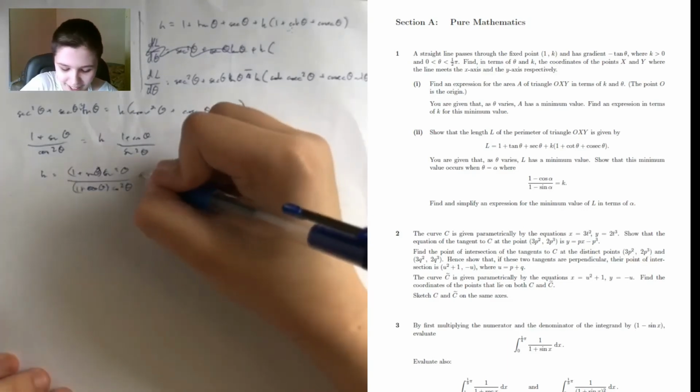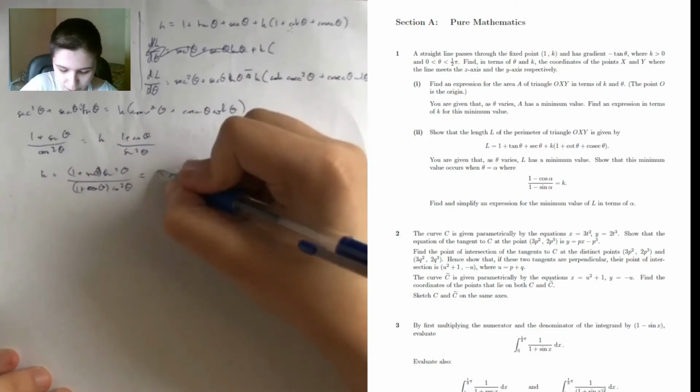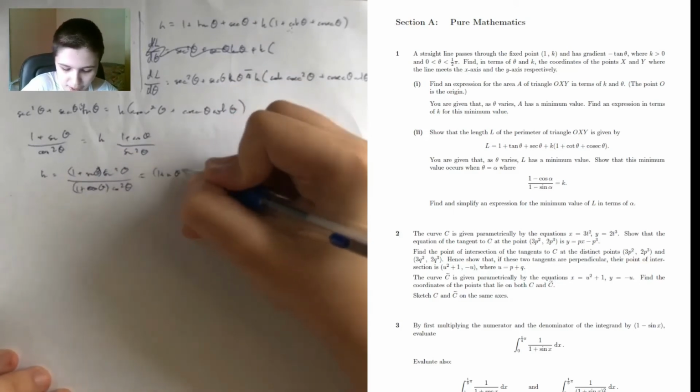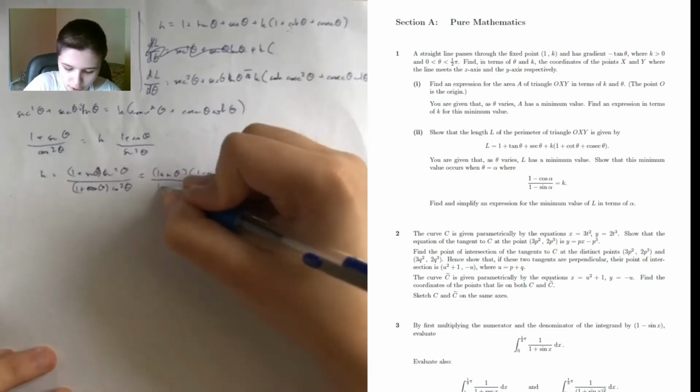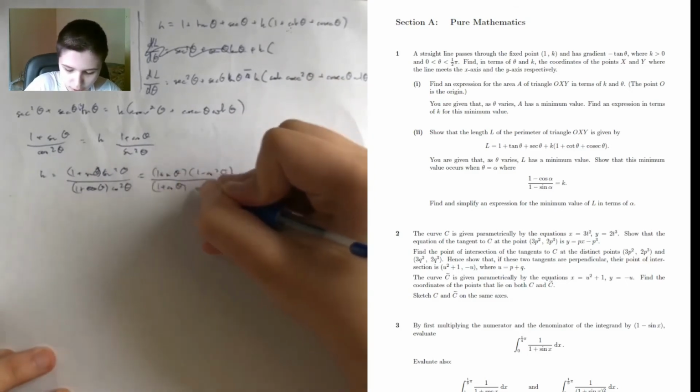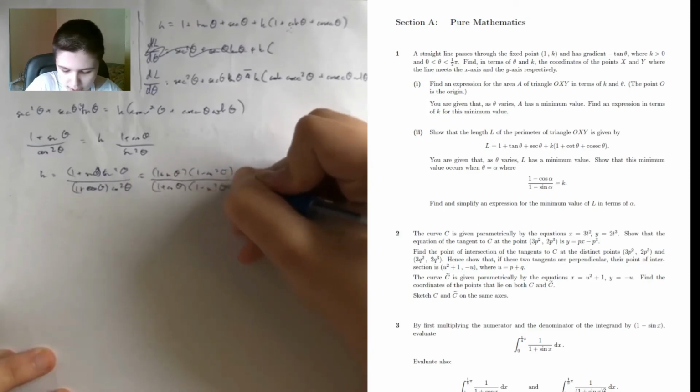Anyways, so what you have to spot here is 1 plus sine theta times 1 minus cos squared theta over 1 plus cos theta over 1 minus sine squared theta.